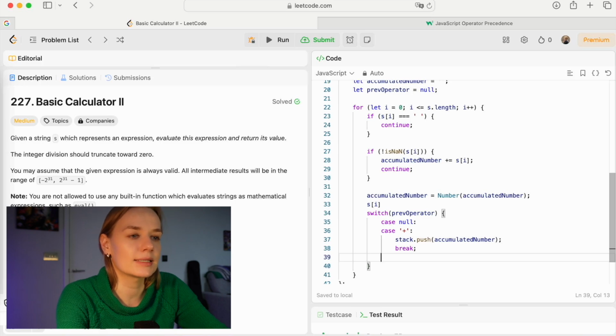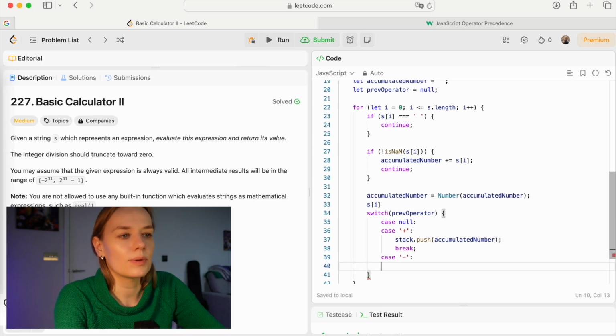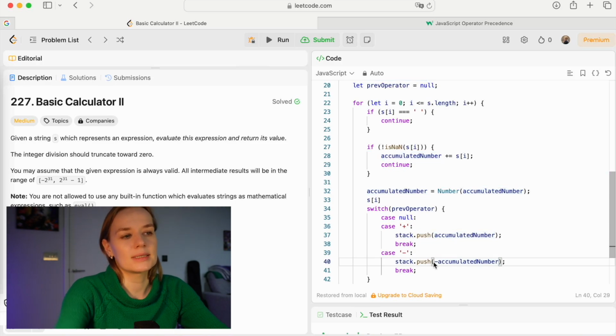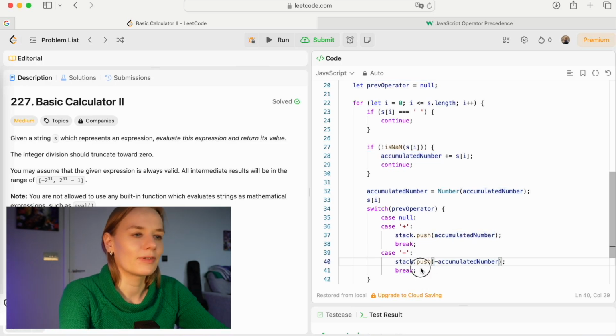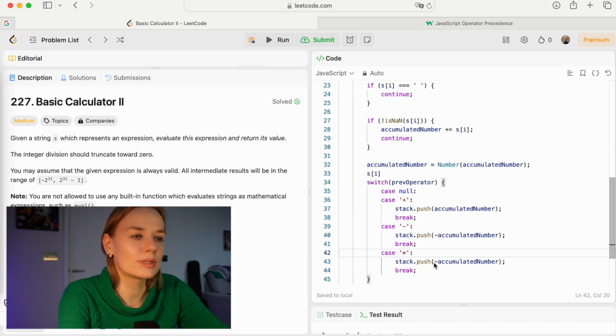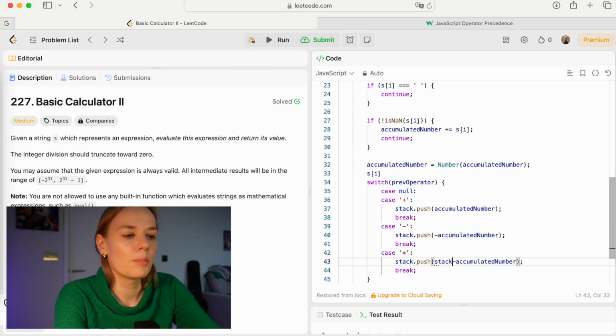If we have minus, we need also to push our number, but with minus before, right? If it's multiply, for example, we should say stack pop.